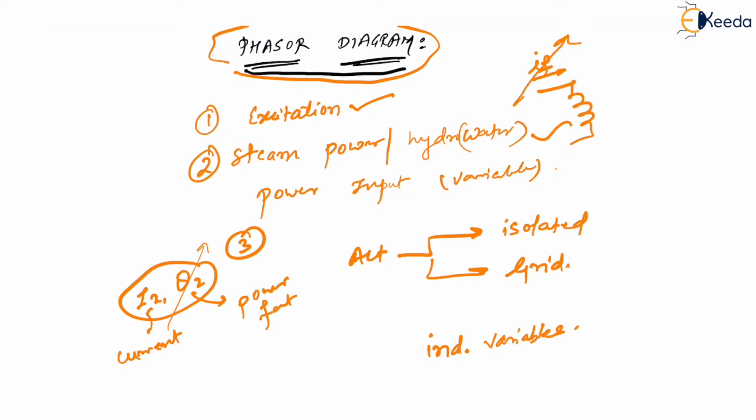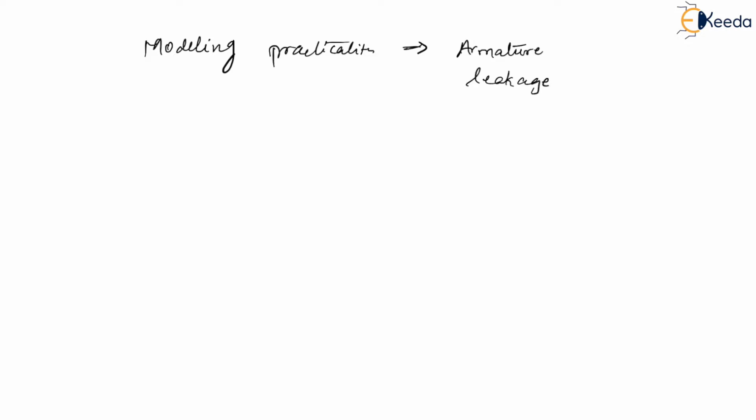Now we will try to see whatever we have seen till now. In our modeling practicalities video, we have seen that we have something called armature leakage reactance, which models the leakage flux. Let me call that armature leakage reactance XAL.